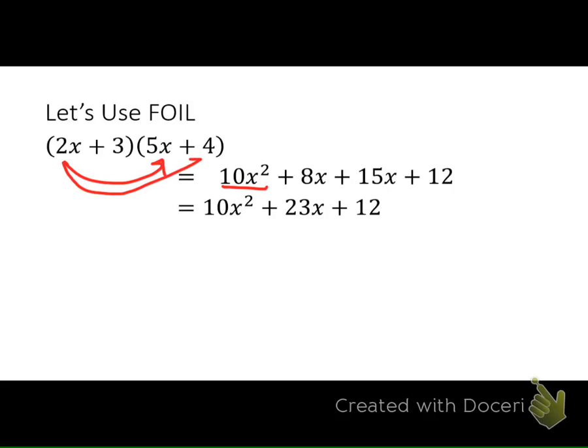And then 2x times 4 is 8x. And then when I switch it up and do my 3 times 5x, that gives me 15x, and then 3 times 4, which gives me 12. When I combine those middle terms, I get 23x in the middle, and my 10x squared and my 12 stay.